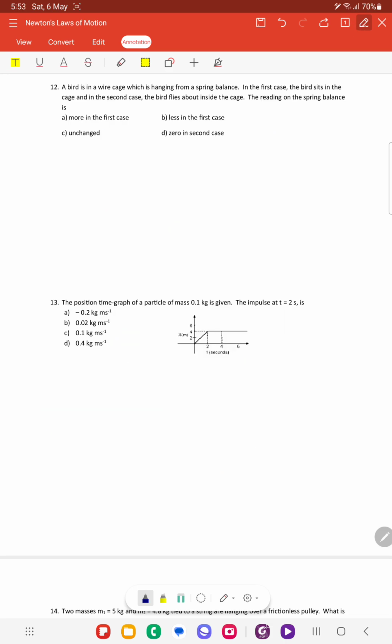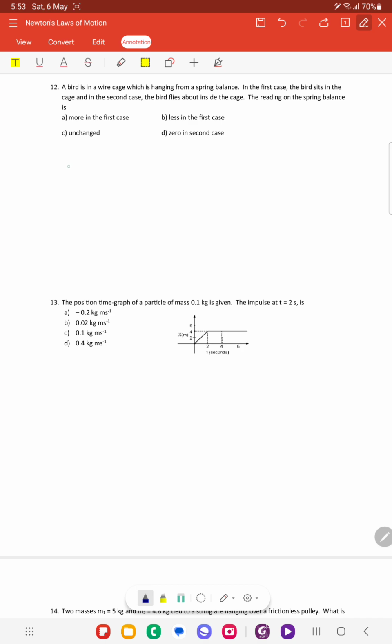Question number 12. A bird is in a wire cage which is hanging from a spring balance. In the first case, the bird sits in the cage, and in the second case, the bird flies about inside the cage. The reading on the spring balance. We have to find when the reading on the spring balance is more, whether when the bird is sitting or when the bird is flying.